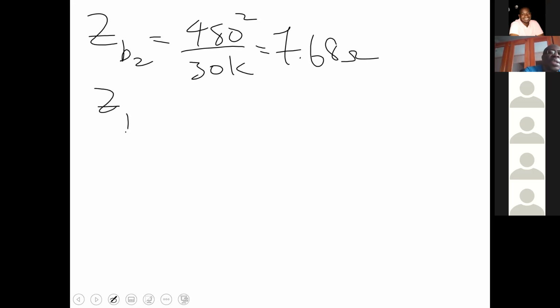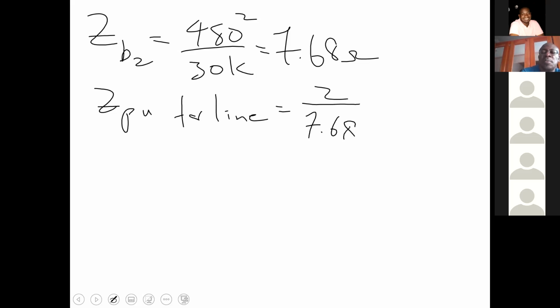So Z per unit for the line would be equal to 2 over 7.68. What is that equal to? Wow. Time is running. 0.26042.